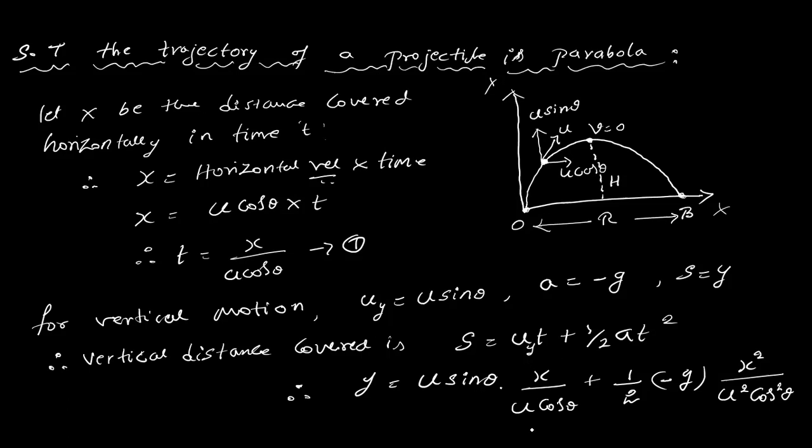Got it? So now in the next step I'm cancelling the u, and here sine theta by cos theta becomes tan theta. So I can write y is equal to x tan theta minus g divided by 2 u square cos square theta into x square.